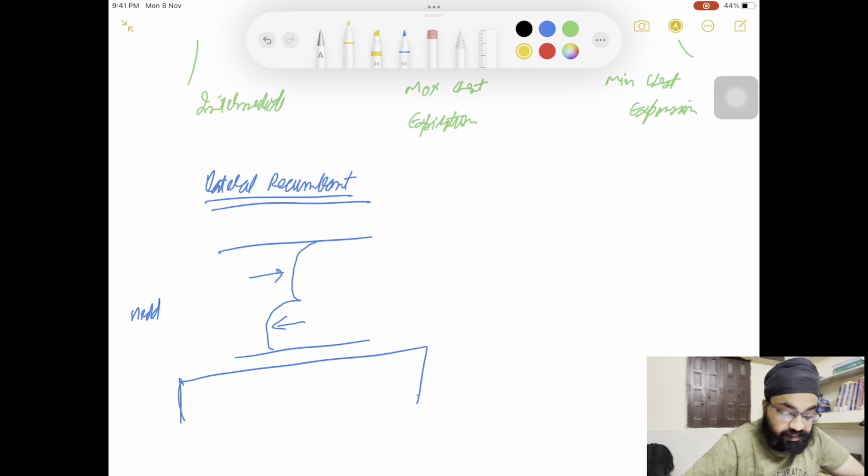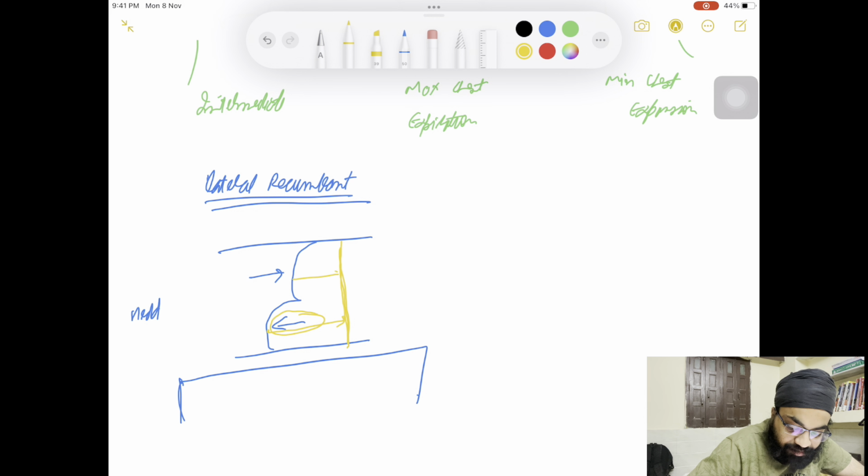The diaphragm needs to reach this level on both sides. The diaphragm on the higher side will travel more, on the lower side will obviously travel less. Hence, since it will travel more, more chest expansion will take place on the dependent side. More work will be done by the lung on the dependent side.